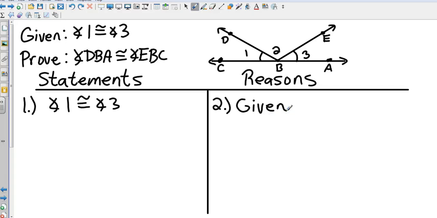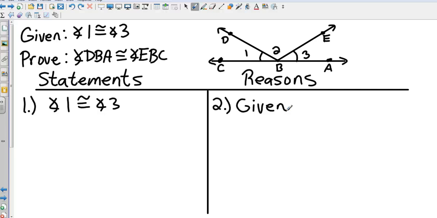And so now you will notice DBA is created when I add DBE, or angle 2, to angle 3. EBC is created when I add angle 2 to angle 1. So if I can prove that angle 2 is equal to itself, I can add that to those other angles.